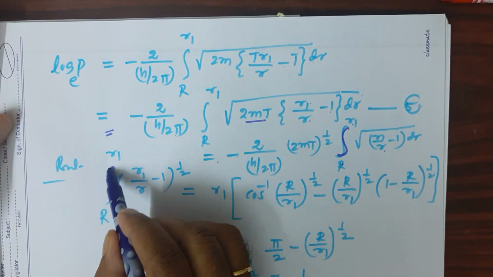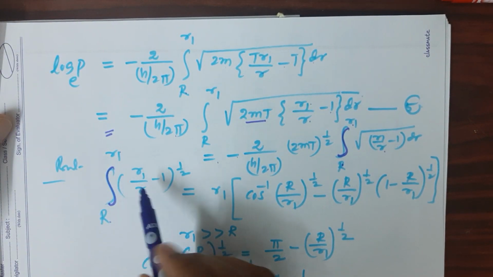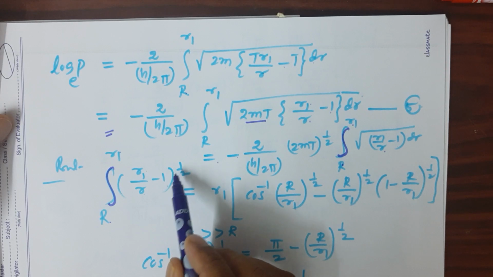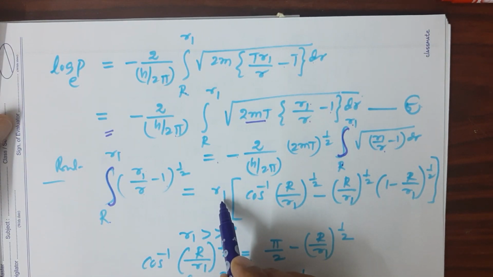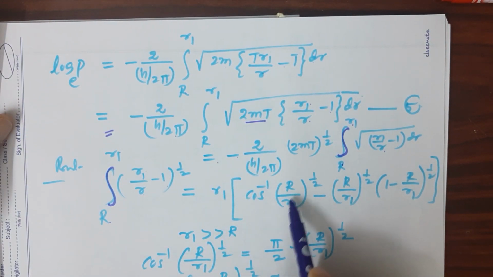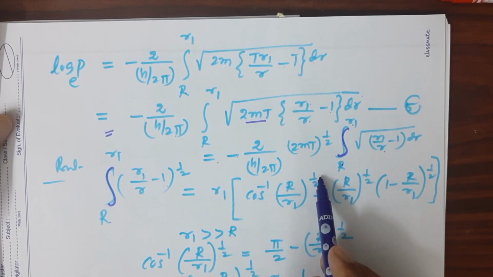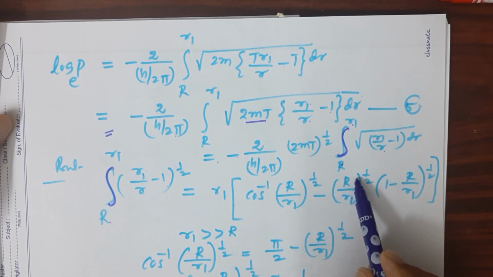But this integral value from capital R to r1 of the square root of (r1 by r minus 1) is equal to r1 into (cos inverse of the square root of R by r1, minus the square root of R by r1 into the square root of 1 minus R by r1).